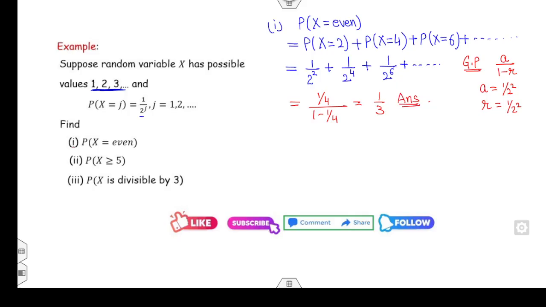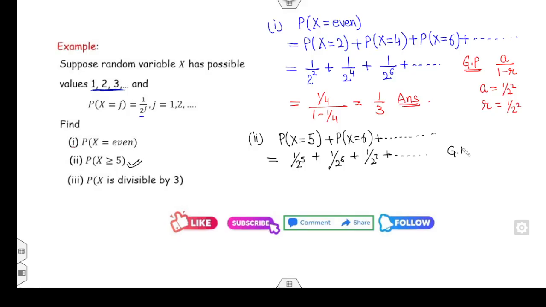Look at the second part. Probability when x is greater than or equal to 5. How can you write greater than or equal to 5? I can write this as 5 plus 6 plus 7 and so on. Again, you can substitute them. It is 1 over 2 raised to power 5 plus 1 over 2 raised to power 6 plus 1 over 2 raised to power 7 and so on.